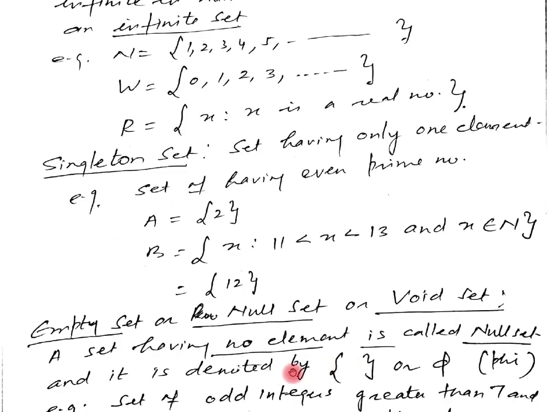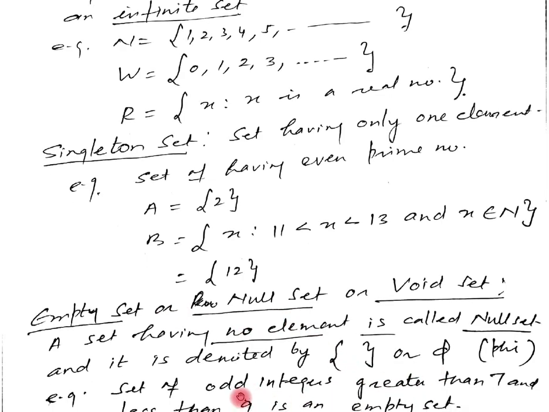This is the notation used for the null set, or phi. This is the sign of phi. These are the two representations of the empty set. Both are notations for the empty set or null set.